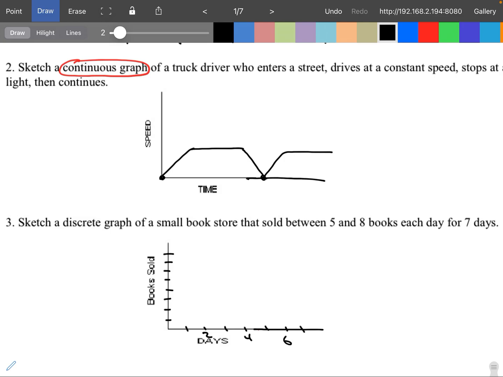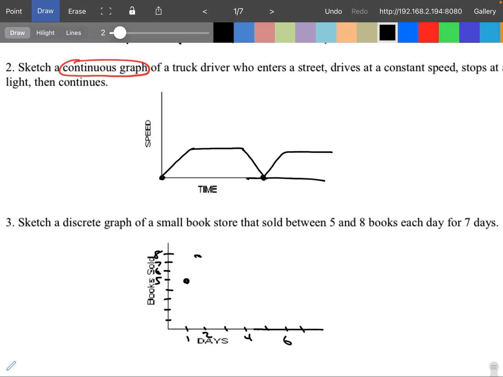Okay. And then the number of books sold varies between 5 and 8. So you got 1, 2, 3, 4, 5, 6, 7, 8. So let's see, 1, 2, 3, 4. There's 5, 6, 7, 8. All right, it doesn't tell us exactly how many books were sold each day, but it'd be something like this.